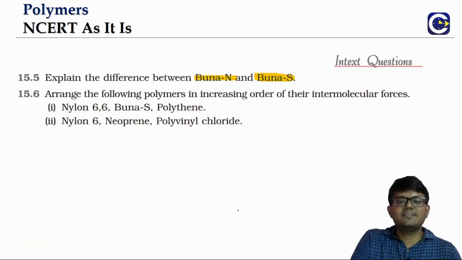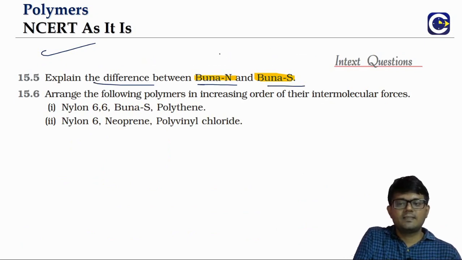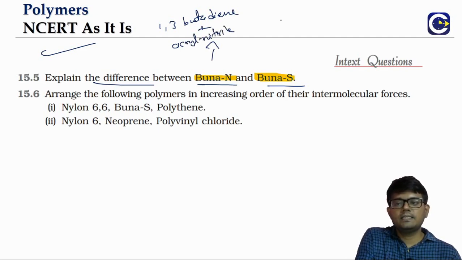In fact, that itself is a question. Okay, so what are the differences between BuNaN and BuNaS? It is a copolymer of 1,3-butadiene with acrylonitrile, and this is 1,3-butadiene and styrene.